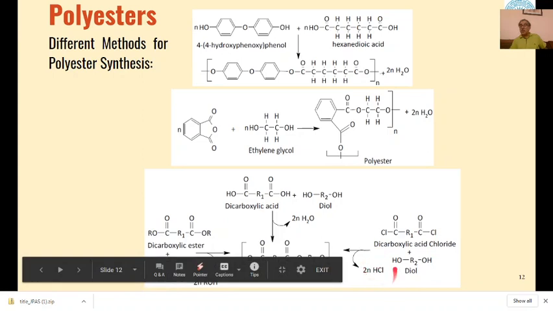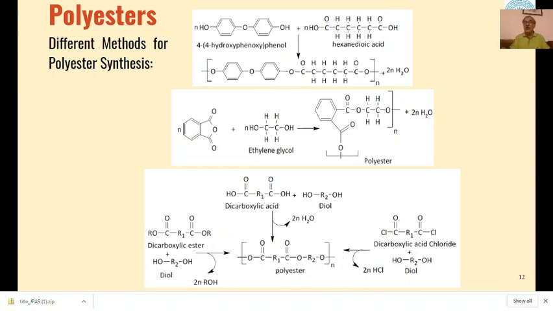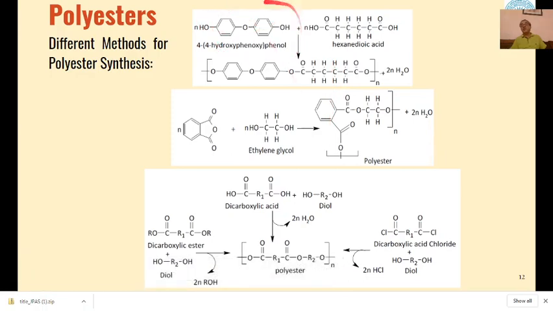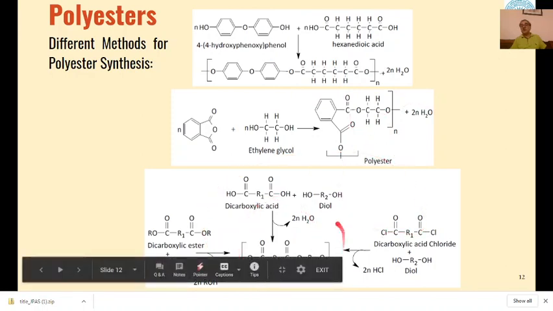So two molecules of HCl are removed by condensation of one molecule of this and one molecule of this to give us one molecule of this polymer. So when n number of the monomers condense, we will get a polyester of this type. So these are some of the common monomers which can be used for the synthesis of different types of polyesters.